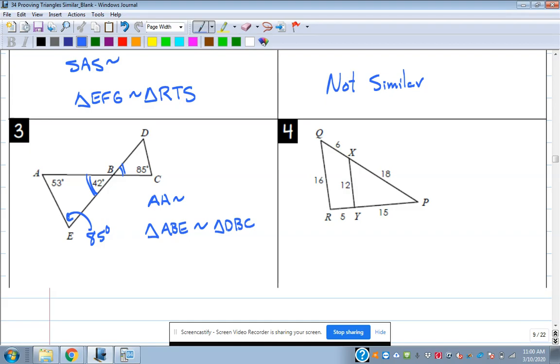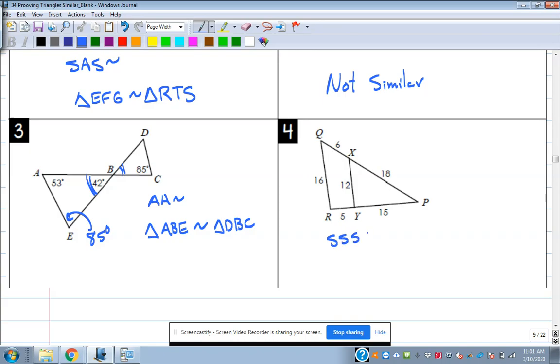You don't have parallel lines. There's nothing that tells me those lines are parallel. So I can't do angle out of that. But I could do side by the ratios of the sides of all 3 pairs of sides. Or I could do side angle side because we got this shared angle here. And we could just do 2 pairs of side ratios. But these are similar by both of those ways.